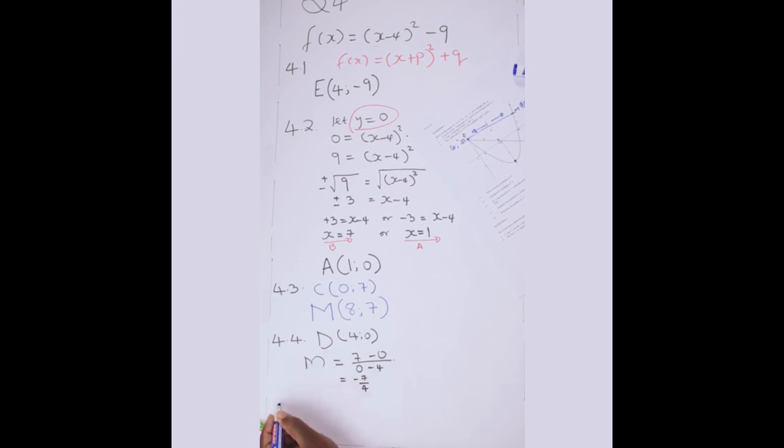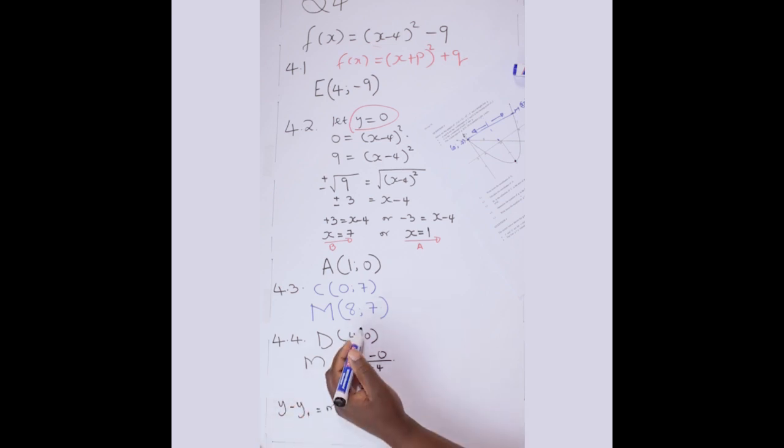So let's do that. Remember the equation that seems simpler to use is y minus y1 equals m into x minus x1. Not necessarily that is the only one, but it is much simpler to use than the other equation.